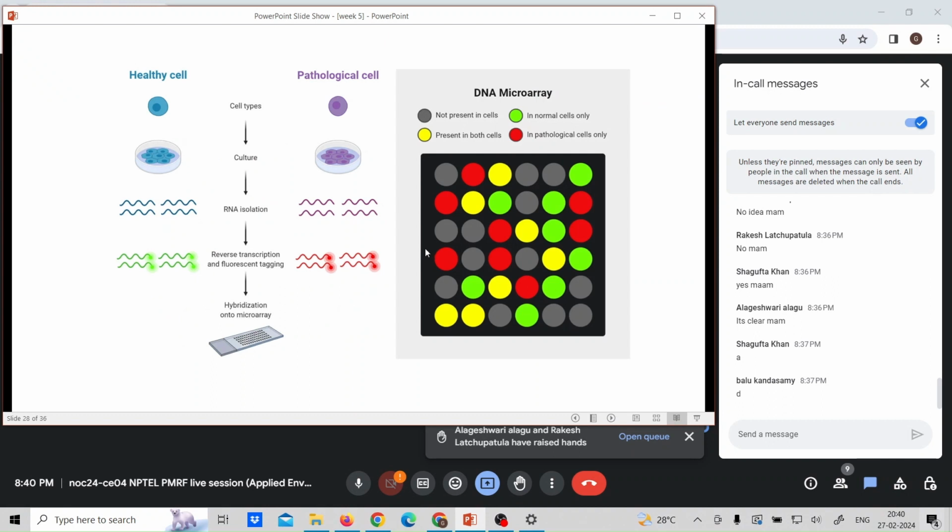So in this case, we have gotten different RNA isolates, reverse transcription. Generally for the cDNA synthesis, what you do is something called reverse transcription. Transcription, as we all know, is RNA coming from a DNA fragment. So your template will be a DNA, and finally after the transcription what you get is an RNA. As the name suggests, reverse transcription is the reverse of that.